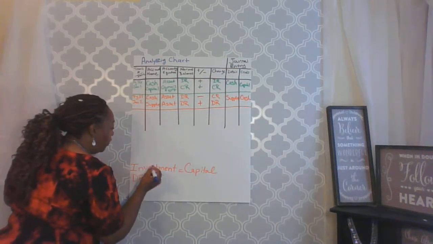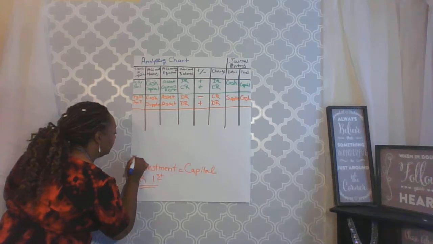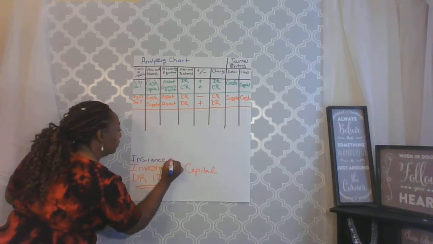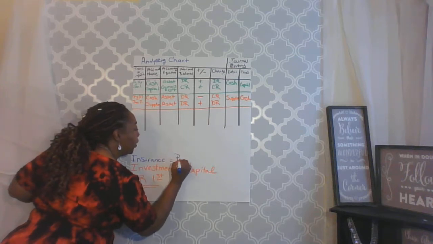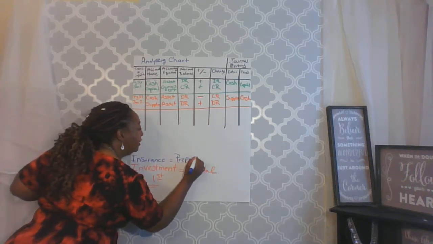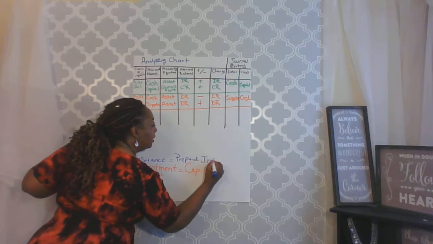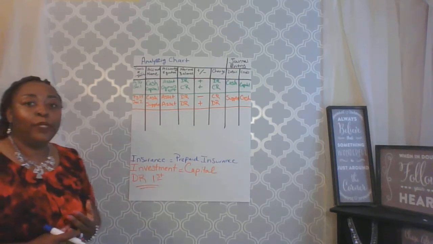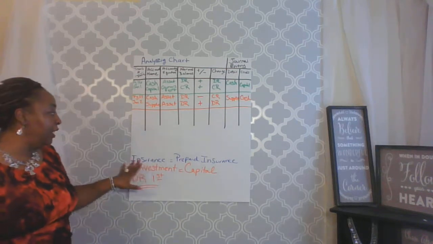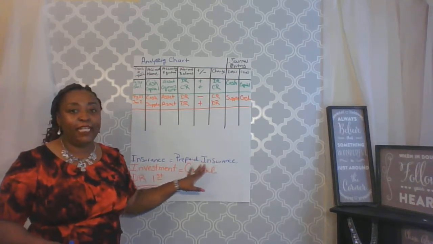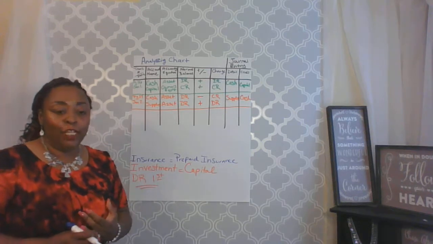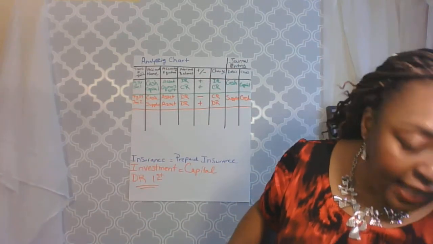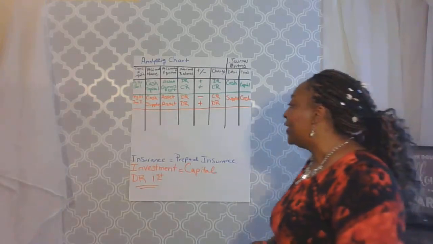When they see the word insurance, that is always prepaid insurance. Okay? So if they see insurance in a transaction, that is always going to be prepaid insurance. When they see insurance in an asset, that is always going to be prepaid insurance.